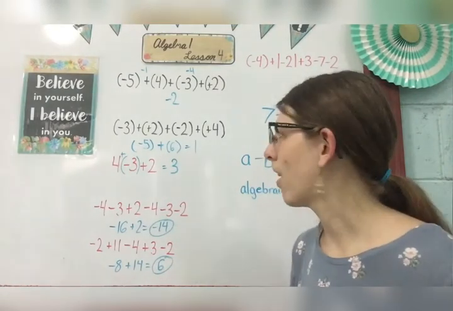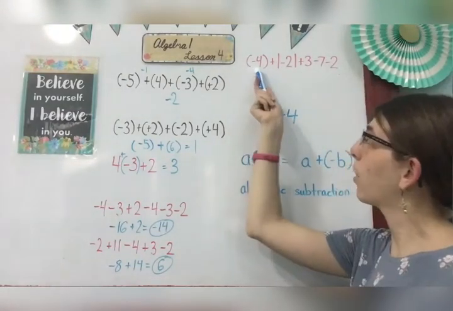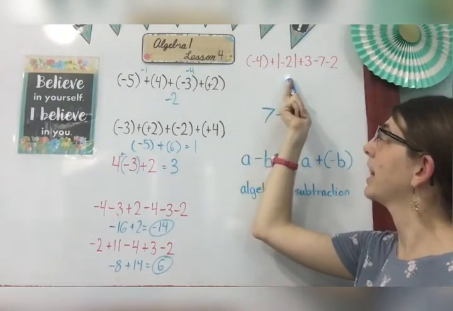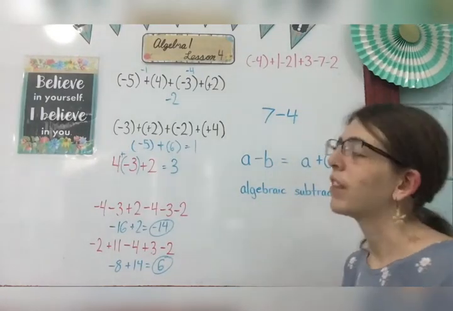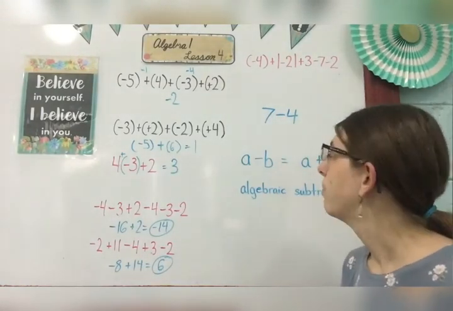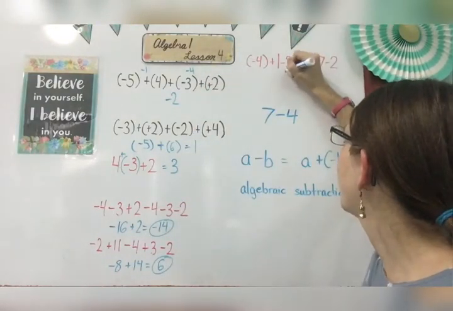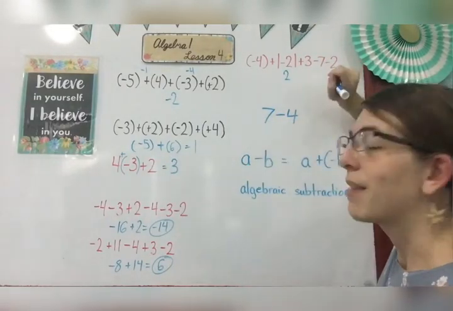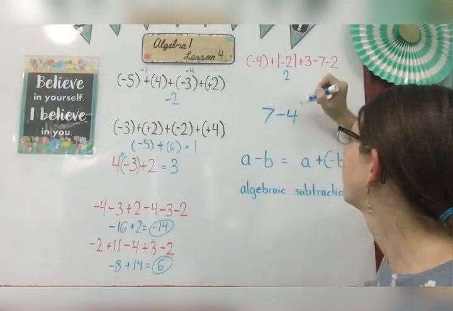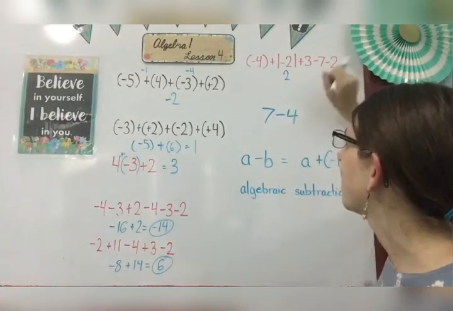Okay, one more of these types of problems. Up here I have negative 4 plus the absolute value of negative 2 plus 3 minus 7 minus 2. So first things first, I'm going to find my absolute value. So I know that this is just plus 2. Now I'm going to add my numbers that have the same sign. Actually, no, for this one, I'm just going to go from left to right.